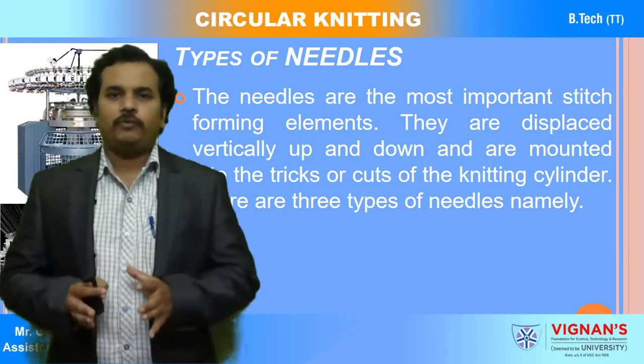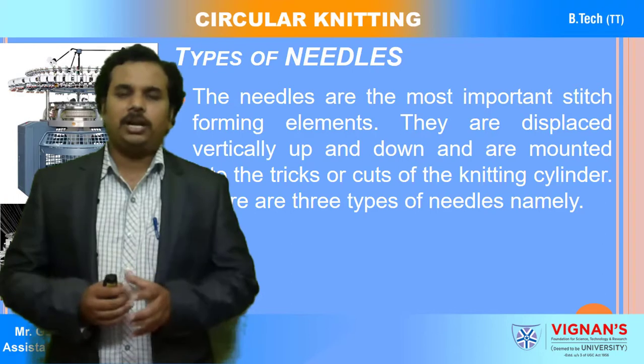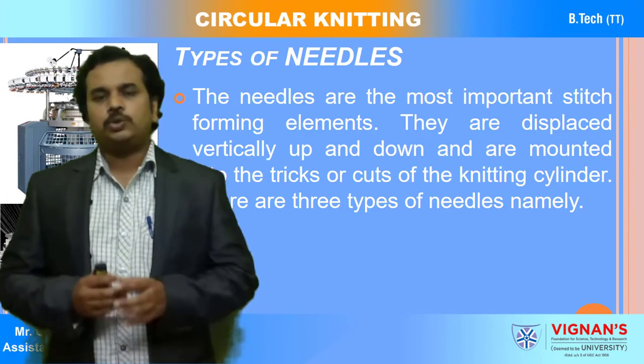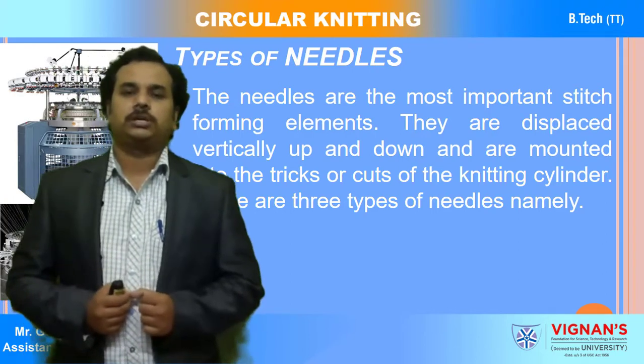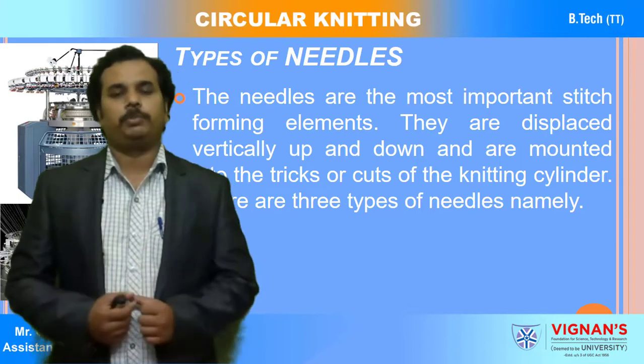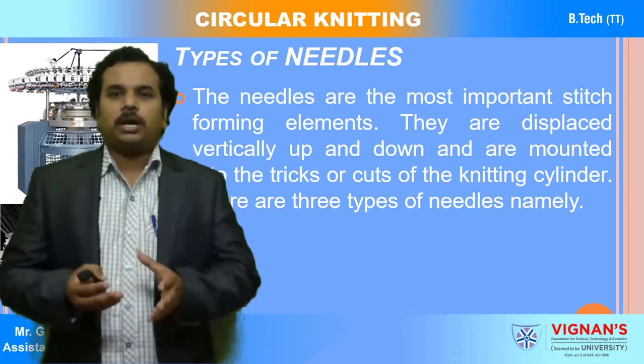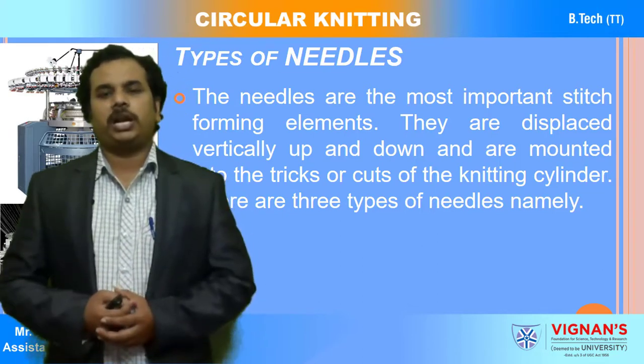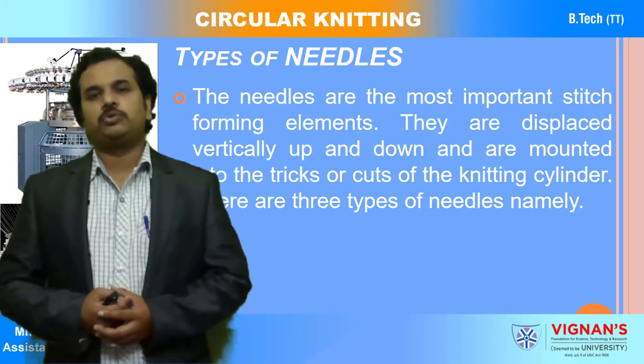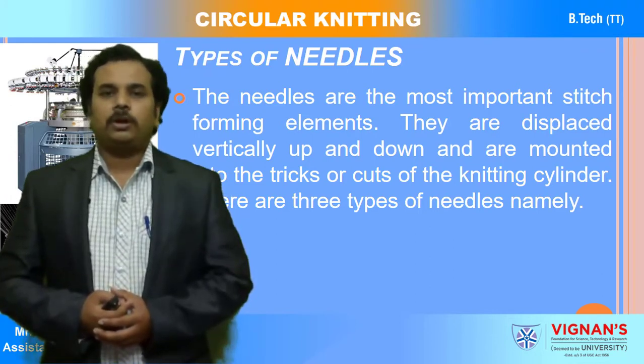These are the elements which are very important to make the loop formation sequence, to make the new loop. So the needle is one of the major elements to form the loop.